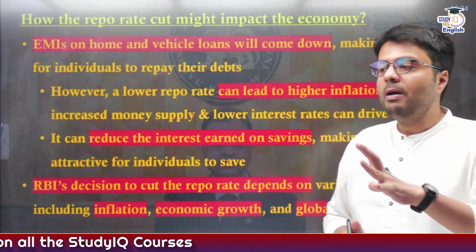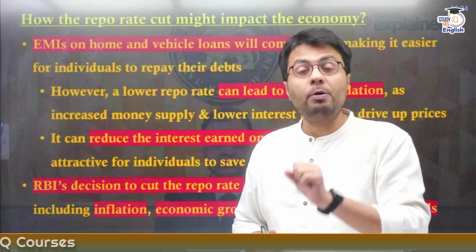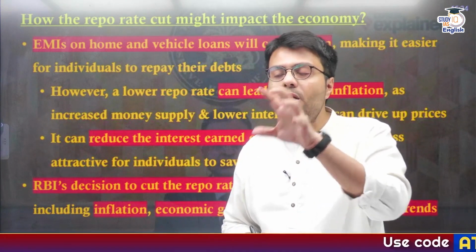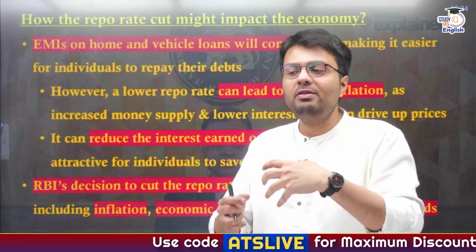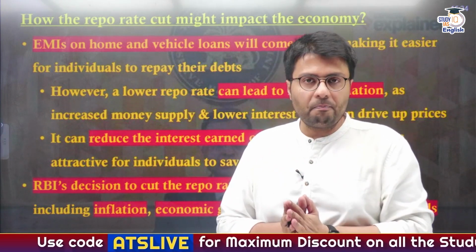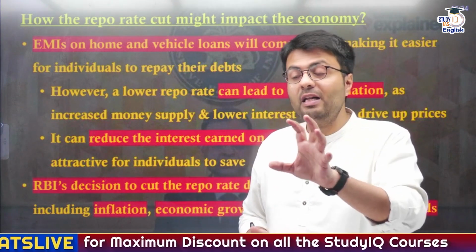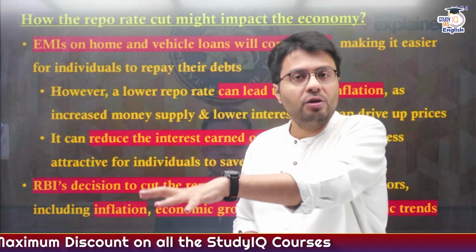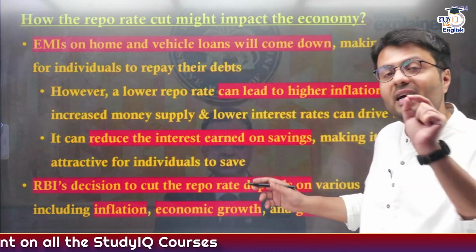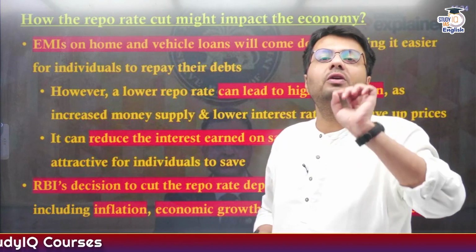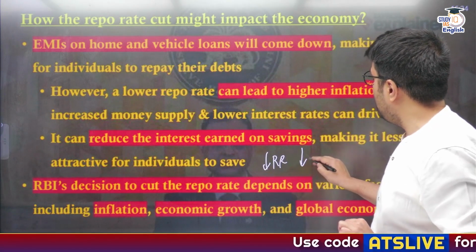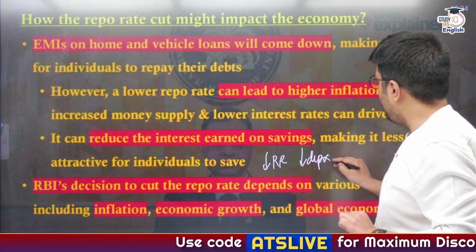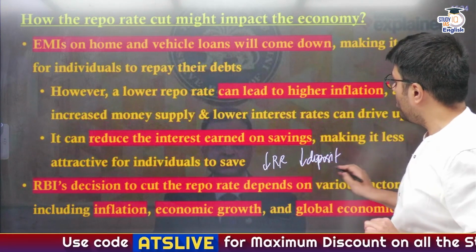Now you understand there is a section of people in India, particularly senior citizens, who love to deposit their money in the form of fixed deposits with the banks, because this is their primary source of income. So those people, particularly the ones who have an inclination towards fixed deposits in the banks, stand to lose out because of this reduction in repo rate, because a reduction in repo rate also reduces the deposit rates that the banks offer on your deposits.